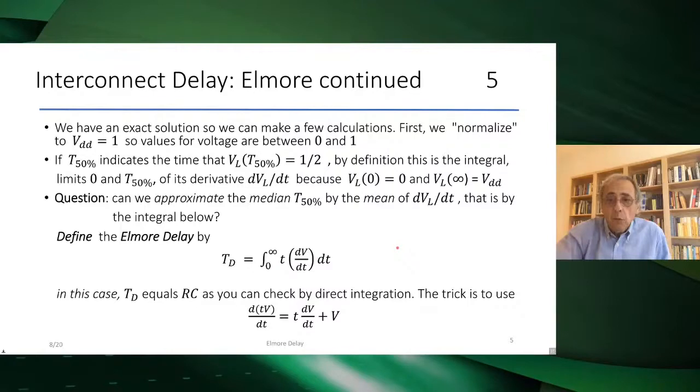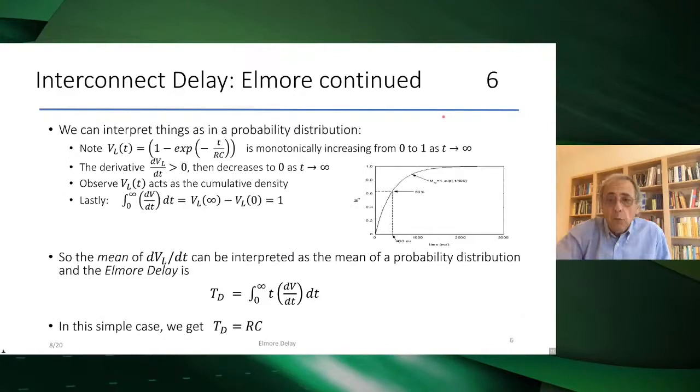Let's analyze why it makes sense to do this analogy with the probability density, and we'll see how that holds as we go forward. One way to do it is you take the derivative of t times the voltage, you get t times dV/dt plus dt/dt, that is 1, times the voltage, the derivative of a product, and we keep going.